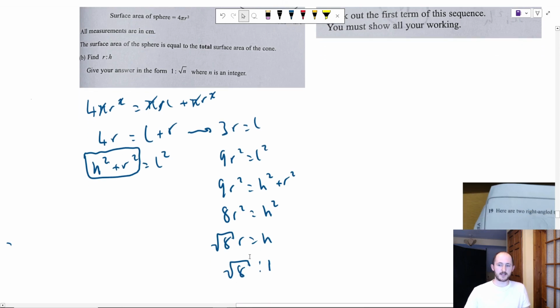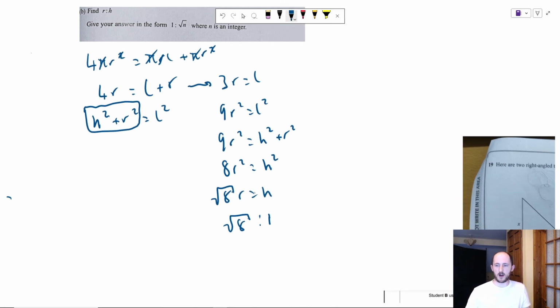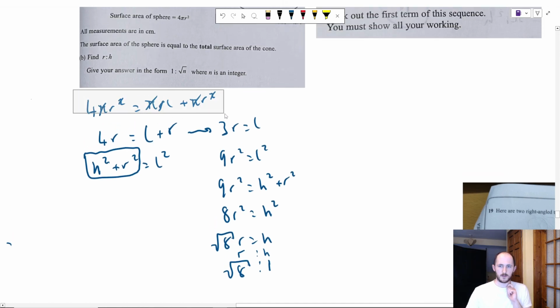So Revan, I think this is the final answer, but there is a problem with it, which is kind of frustrating me. Hang on. Yeah, it is. Because I've basically given the answer as r to h like this. The problem is it's asking you to give it as 1 to root n, where n's an integer.